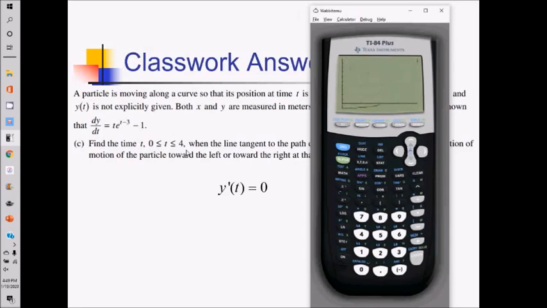All right, so there is y prime being graphed. And we see there's only one place where this equals 0. So that's going to be the time that our horizontal tangent's happening, assuming that that t value doesn't also make x prime 0. So let me do second trace, 0, option 2. And we click a little bit to the left and move over and a little bit to the right. Enter one more time.